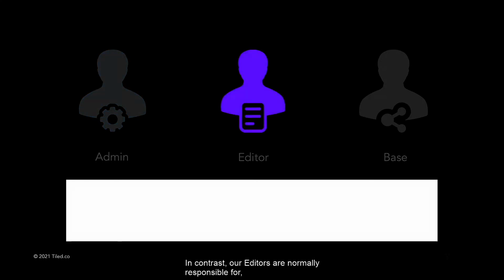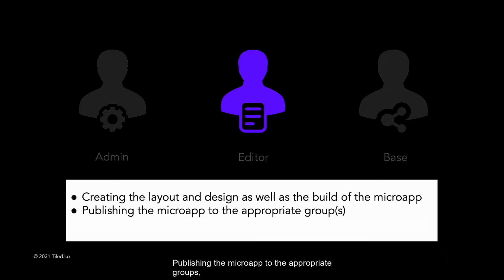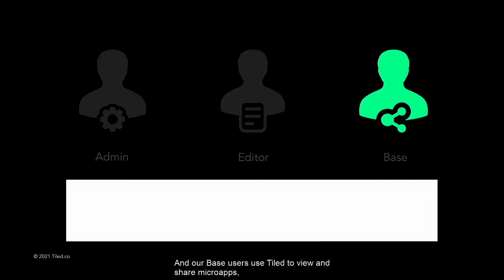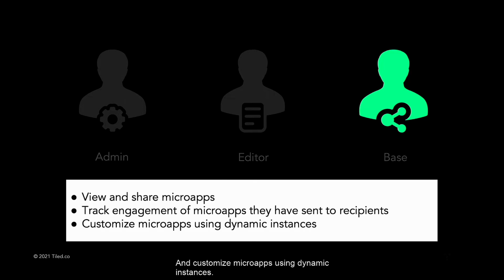In contrast, our editors are normally responsible for creating the layout and design, as well as the build of the micro app, publishing the micro app to the appropriate groups, making any revisions or updates to the micro app as required. And our base users use Tiled to view and share micro apps, track engagement of micro apps that they've sent to recipients, and customize micro apps using dynamic instances.